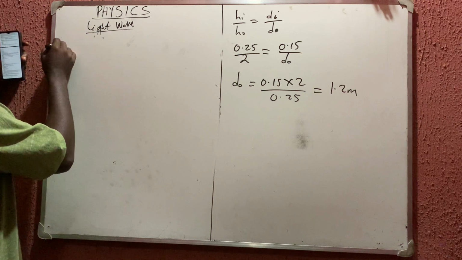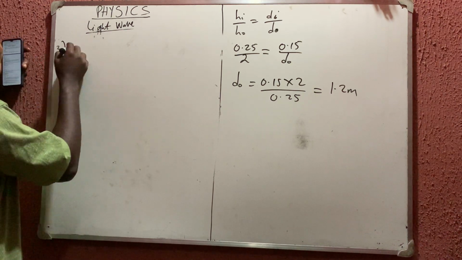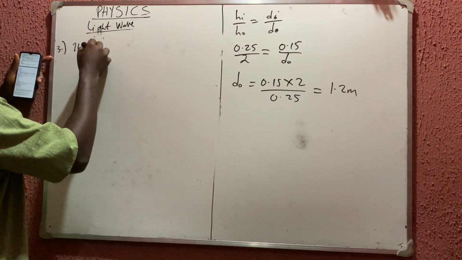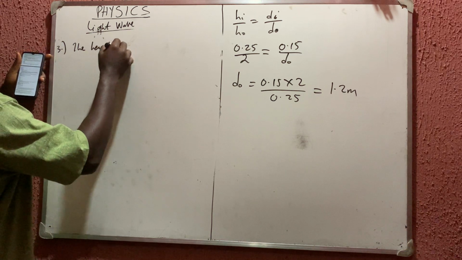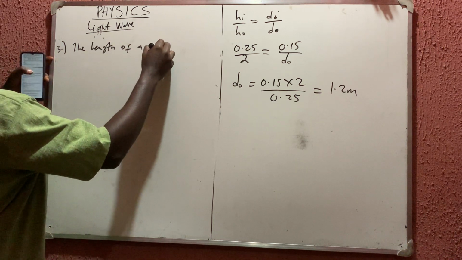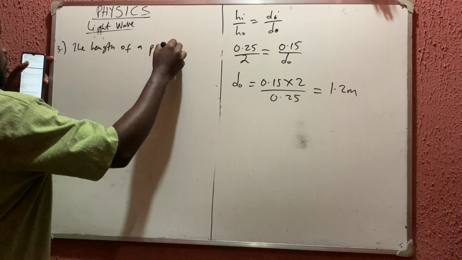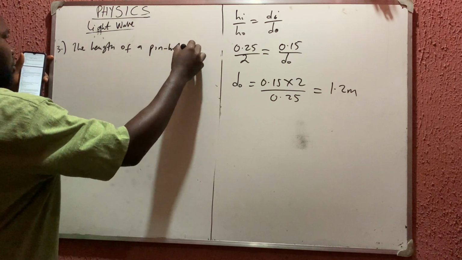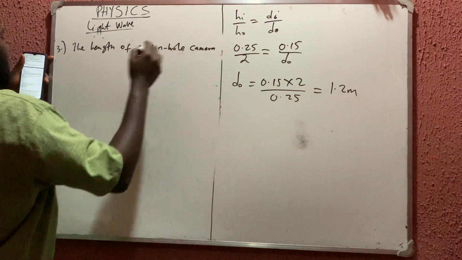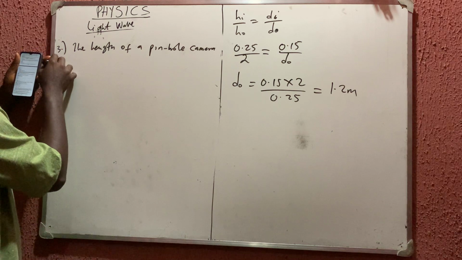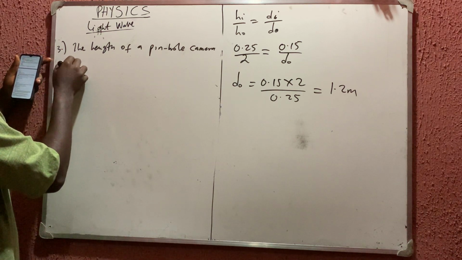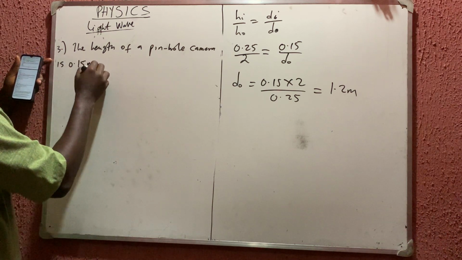Question number 3 says the length of a pinhole camera is 0.15 meter.